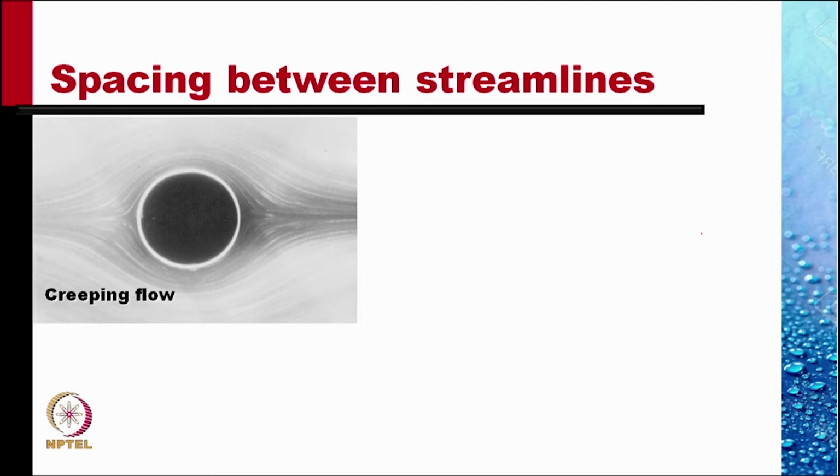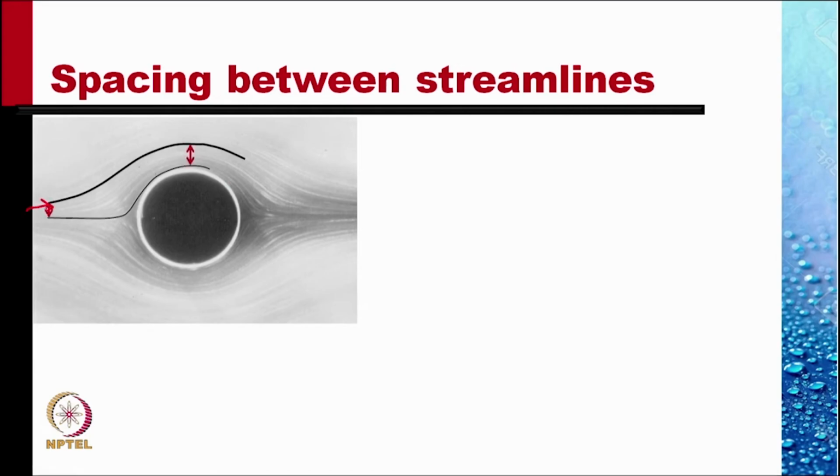Consider the creeping flow about a cylinder, a flow at very low velocities, such that the Reynolds number is much less than 1. This is a picture that we showed you earlier. The flow looks quite symmetric. There is no separation. If we mark a few streamlines, we see a central streamline going like this and another streamline going like this.